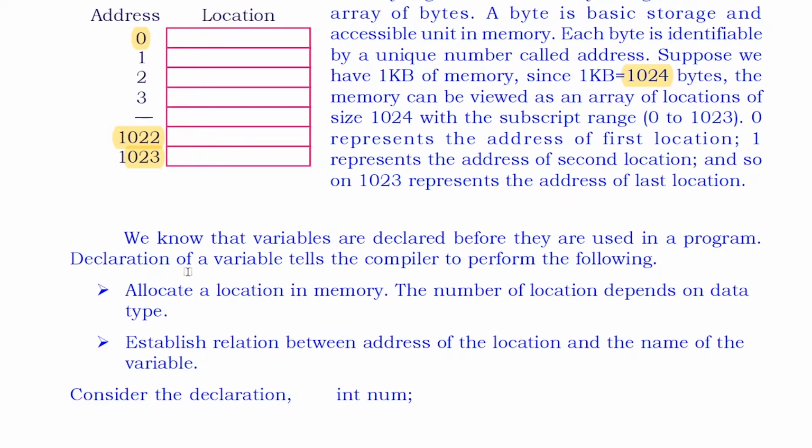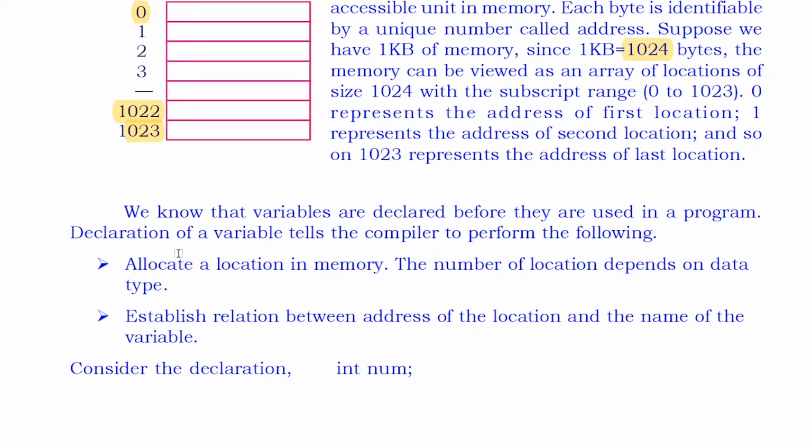We know that whenever we declare a variable, with a data type and a variable name, memory is allocated for this variable num. This is the allocation of memory, and how many bytes you allocate depends on the data type.